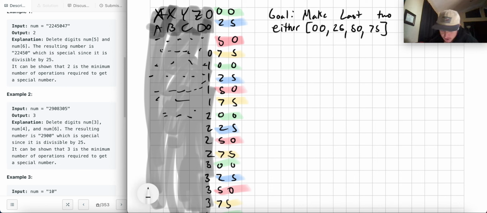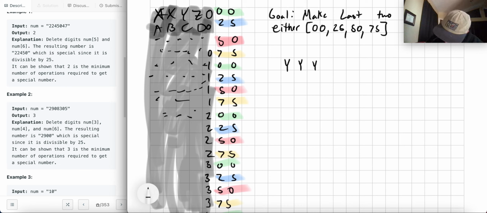Okay. So how are we going to do that? Well, there's a couple tricks we can use to try to do this efficiently. If we have a number, right? Should I do a general case or should I do an example? Let's do a general case. I'm just going to put Y's here to represent that there's things in the way.